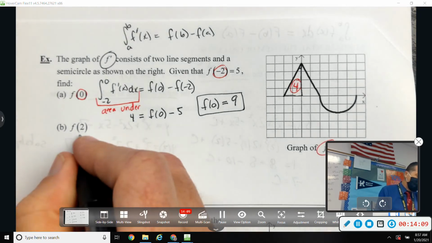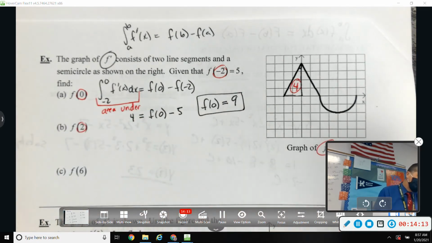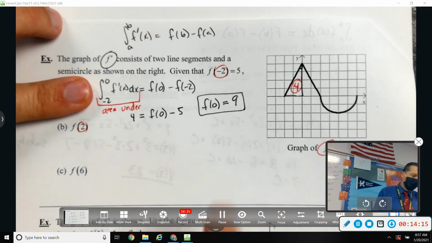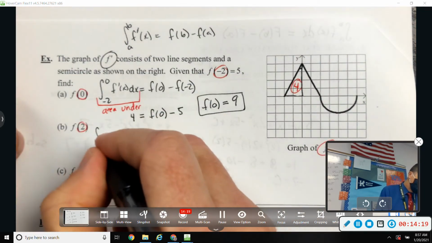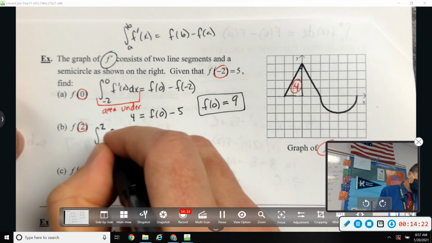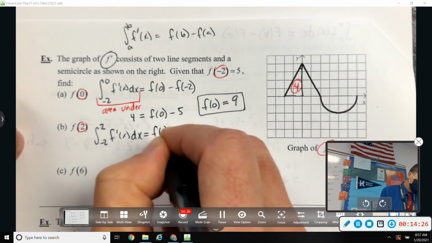All right, for B, almost the same thing, except now we want to find f of 2. So we're not really concerned with 0 anymore. We're worried about negative 2 and 2. So we want to go integral from negative 2 to 2. And again, top one minus bottom one.